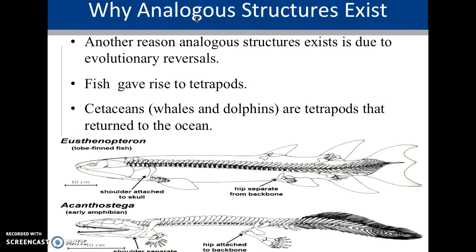Another reason analogous traits exist is due to evolutionary reversal. Fish gave rise to what we call tetrapods, and then cetaceans are tetrapods that returned to the ocean. And so we also see that when organisms adapt to the environment, they may have originally had a common ancestor, but then they've moved too far away.